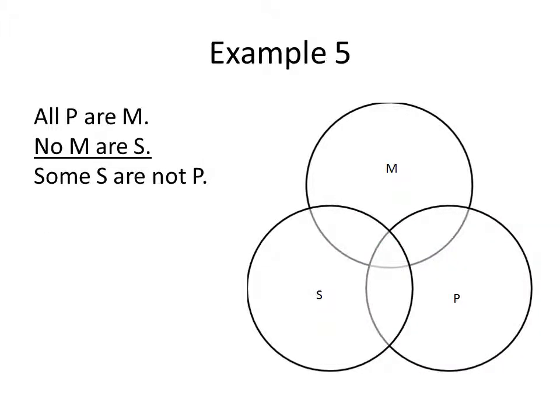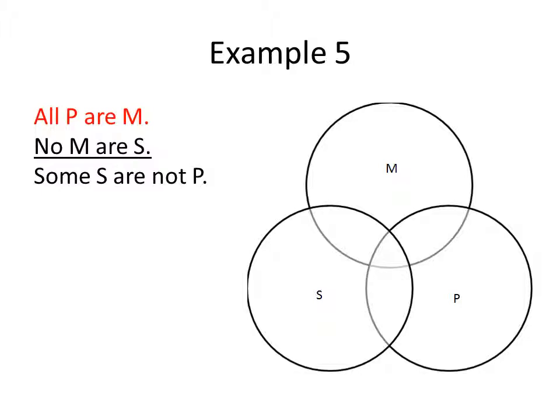Okay, here's another example. All P are M, no M are S, some S are not P. Is this valid or invalid? Well, let's diagram it and find out. Since both premises are universal, it doesn't matter which one we start with, so let's start with the first one. All P are M. Where are we going to shade here?